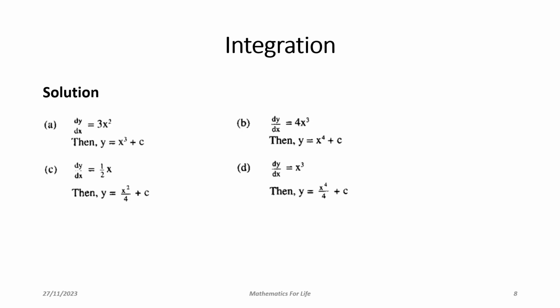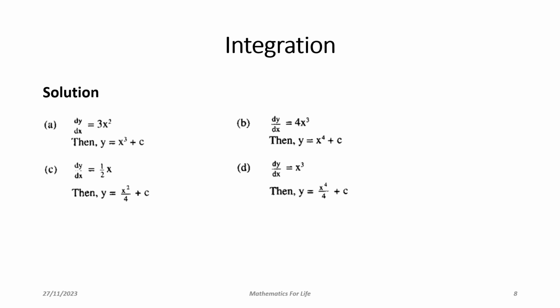For the first one, dy/dx = 3x squared. To determine the function, we integrate 3x squared. We increase the power of x by 1 and divide by the same power, and then add our arbitrary constant c. So the first one gives y = x cubed + c.